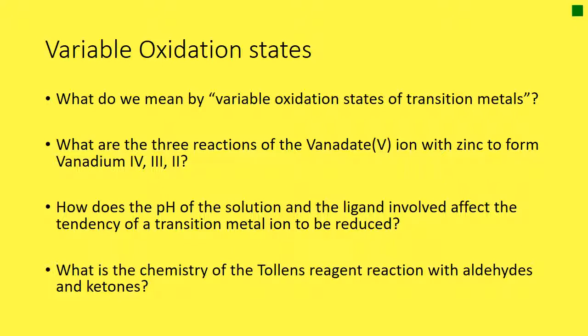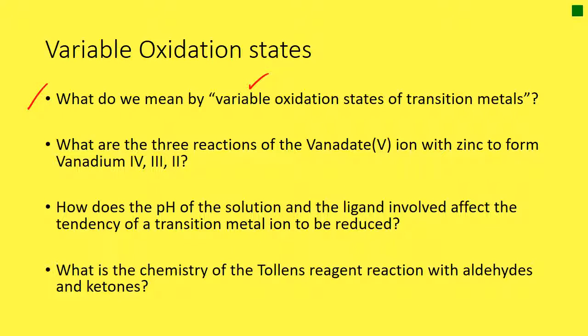So 4 different oxidation states involving vanadium, so we can quite confidently say that vanadium has variable oxidation states, as do pretty much all of the other transition metals. In fact, all of the other transition metals.